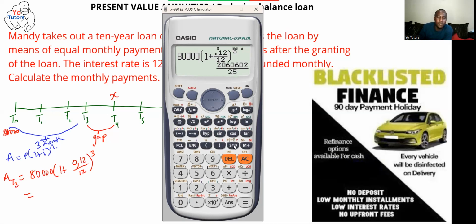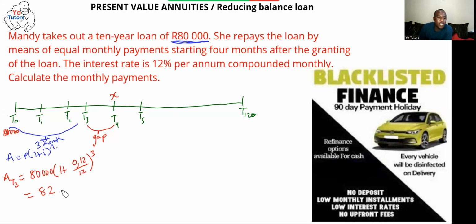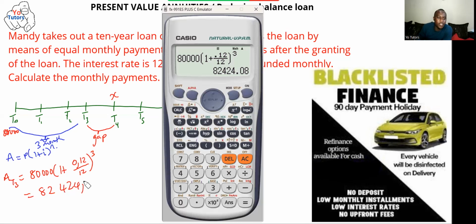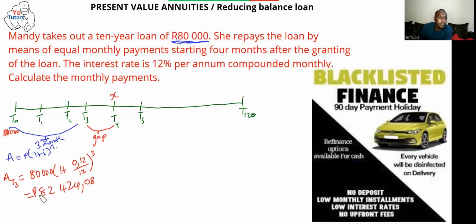This is what you get, 82,424.08. So we are now owing 82,424.08. So this is the amount owed now after the 3 months.